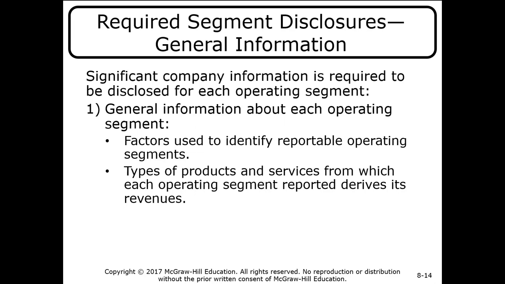Once you've identified the segments, what do you need to report? You need to report general terms as to how management went about determining what is a segment, and the types of products and services each individual segment provides in order to generate its revenue.